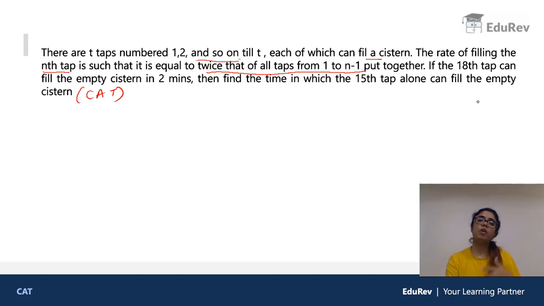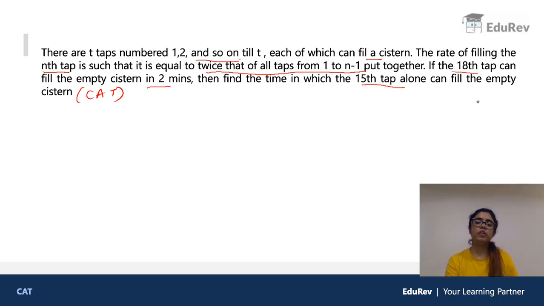So the speed of filling of the nth tap is double that of 1 till n minus 1 together. If the 18th tap can fill an empty cistern in 2 minutes, find the time in which the 15th tap alone can fill an empty cistern. So if the 18th tap takes 2 minutes, how many minutes will the 15th tap take?